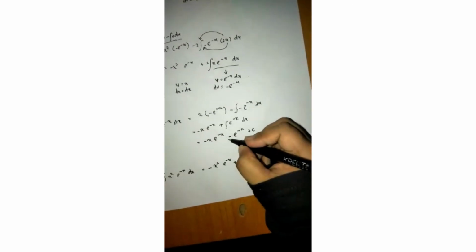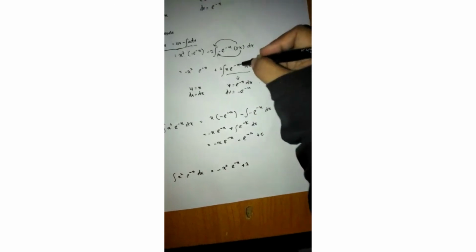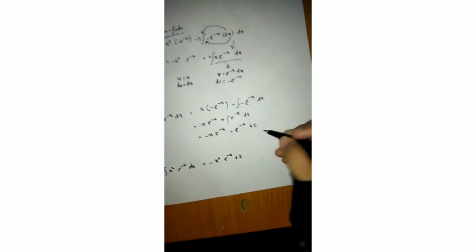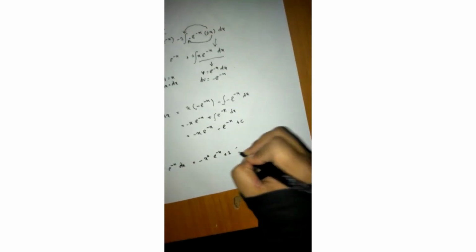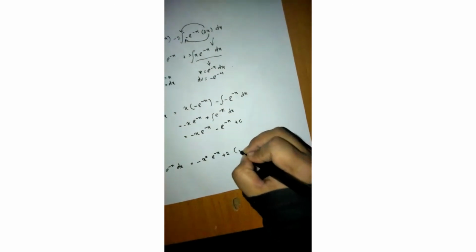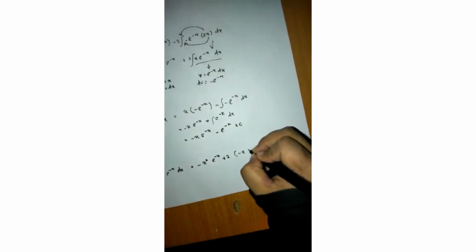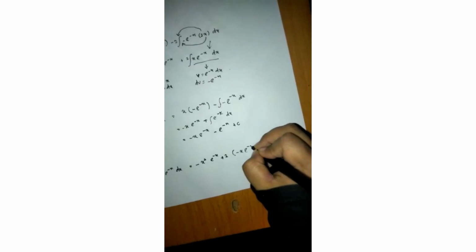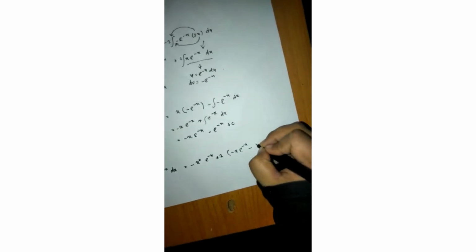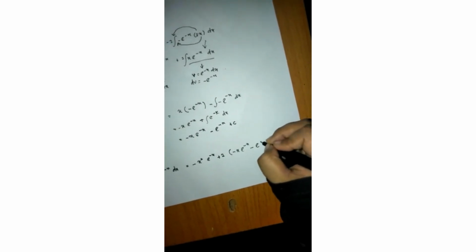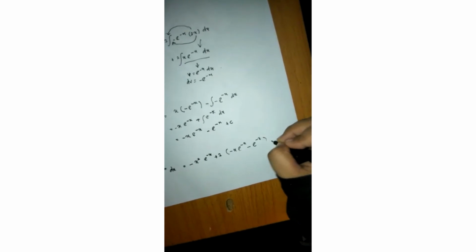So we take this to substitute to this. Negative x e power of negative x minus e power of negative x plus c.